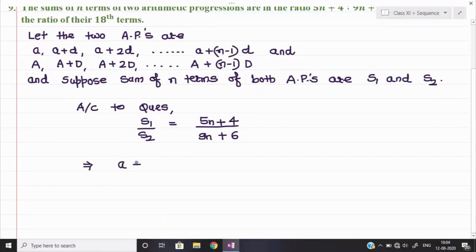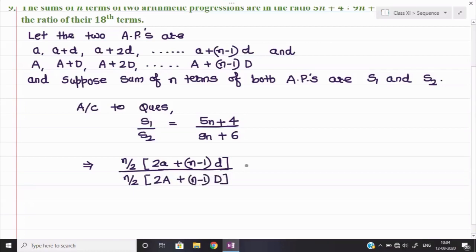That will be n upon 2 into the bracket 2 into small a plus n minus 1 into d, upon, similarly for the second AP, n upon 2 into the bracket 2 into capital A plus n minus 1 into capital D, is equal to 5n plus 4 upon 9n plus 6.